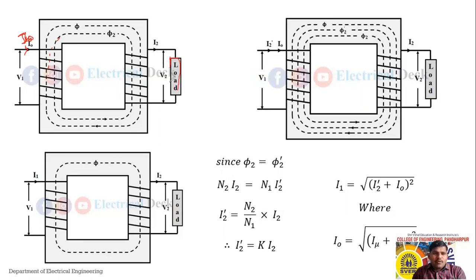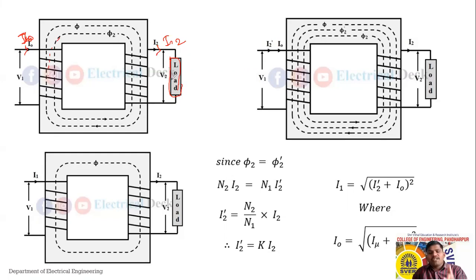When the secondary is loaded, some current will start flowing from the secondary side, right? If current flows through the secondary winding, it will also set up some flux.